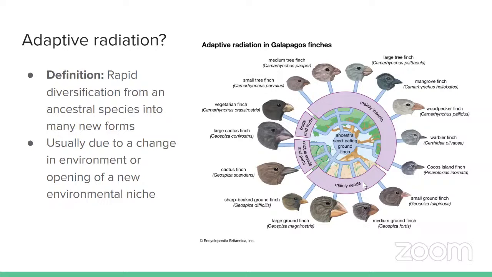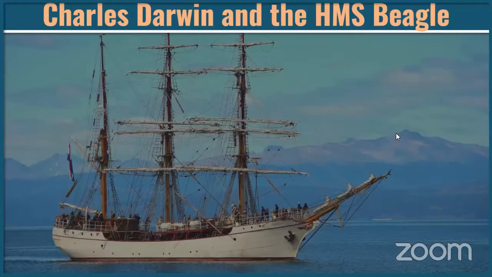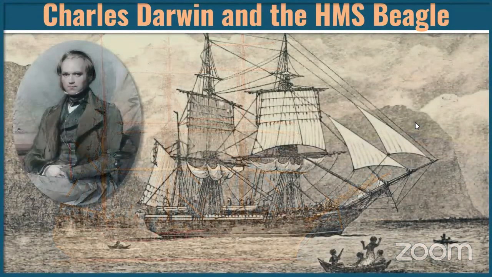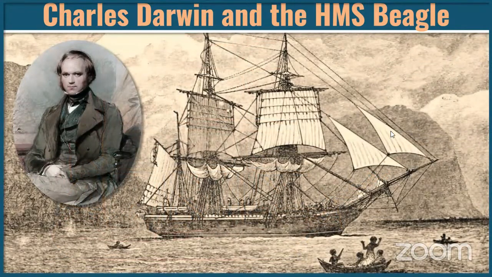So some of them eat seeds, some of them eat insects, a couple of them eat the buds and fruits of plants, and some of them specifically eat cactus seeds and cactus parts. So this is a classic example, partially because Charles Darwin wrote about it when he was writing down the history of his voyage on the HMS Beagle.